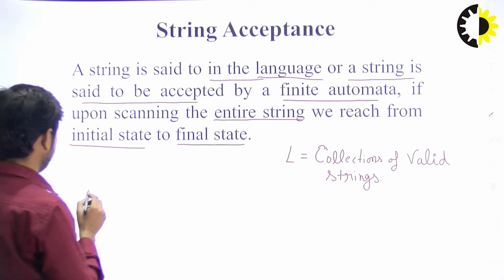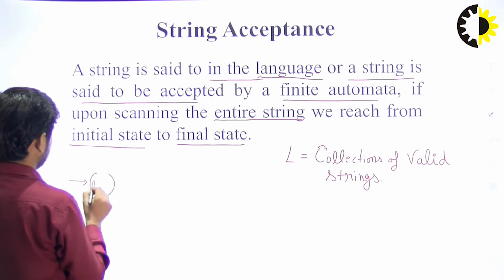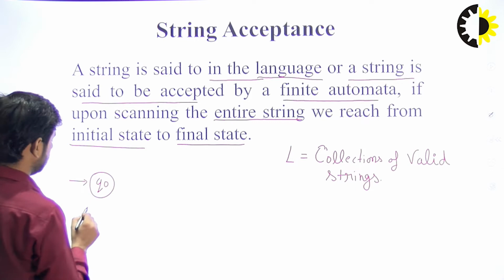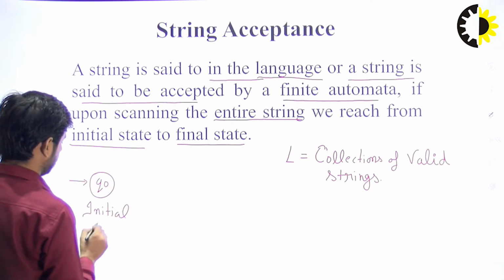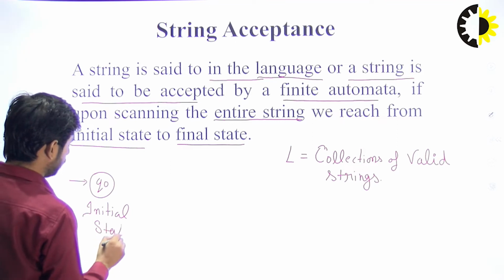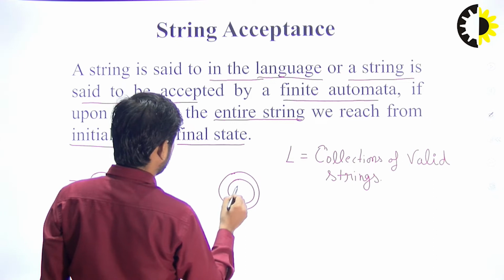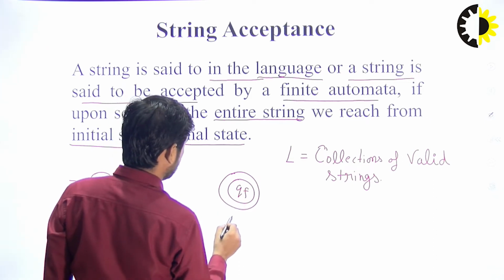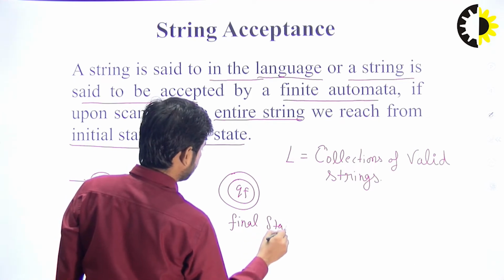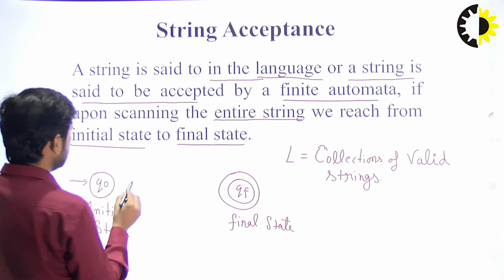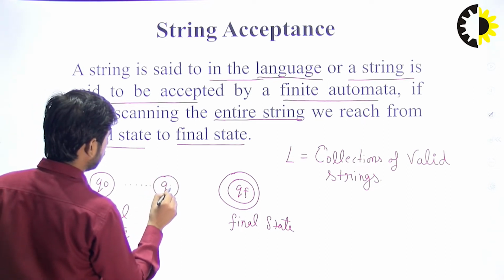What does it mean? Suppose there is state Q0, this is the initial state, and suppose this is the final state QF, and there is some intermediate state QK.